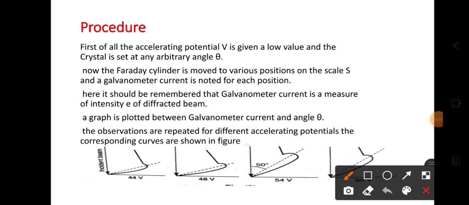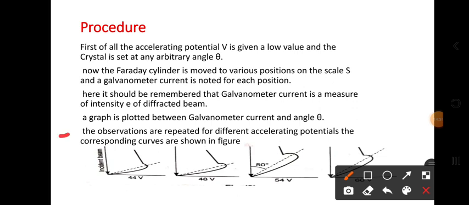Next, a graph is drawn between galvanometer current and angle. Galvanometer current is on this side, and at a potential at different positions, we have to draw that graph.